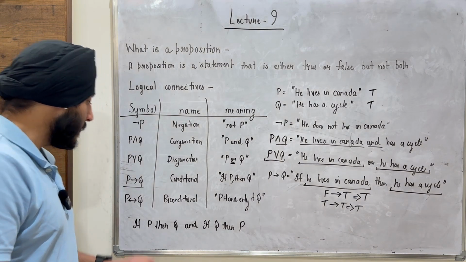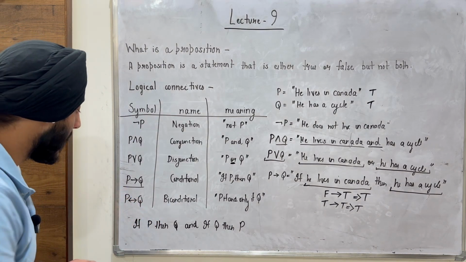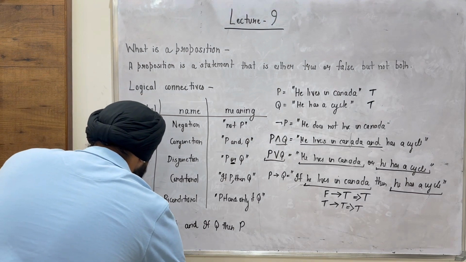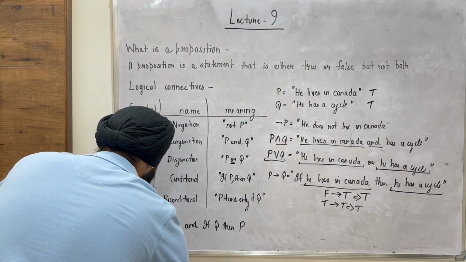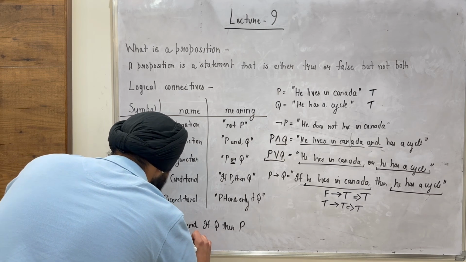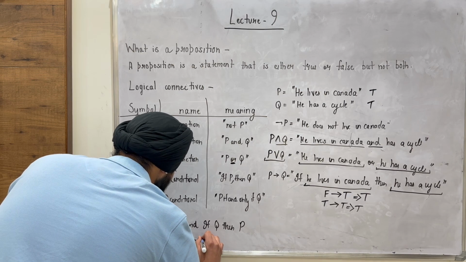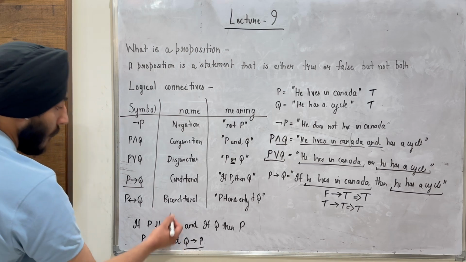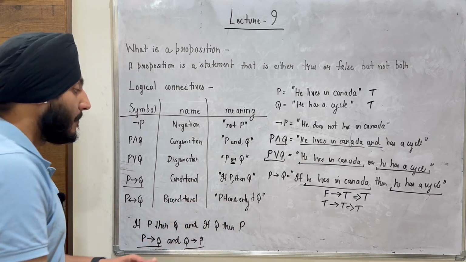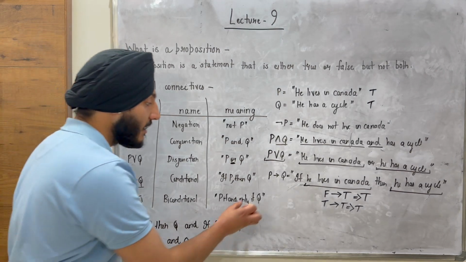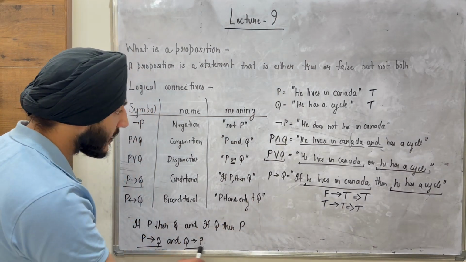What I'm trying to say is, in the biconditional statement, I want both the ways to be true, which basically means if P then Q should be true, and both of these conditions should be true for this biconditional statement. P if and only if Q means if P then Q, and the condition if Q then P, right? So I've written it down over here.